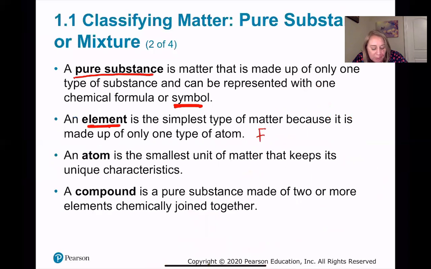Our examples were gold, Au, and H2, hydrogen gas. Each of those is made out of one type of atom, so that is an element. An atom by definition is the smallest unit of matter that keeps its unique characteristics. So no matter where you sampled that gold, it's all going to be exactly the same.